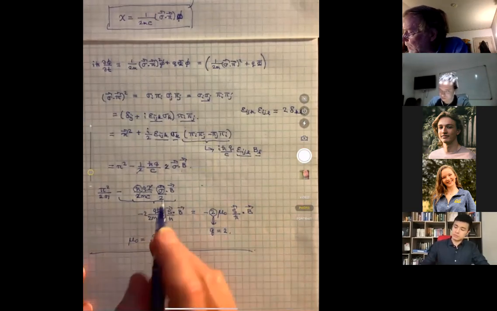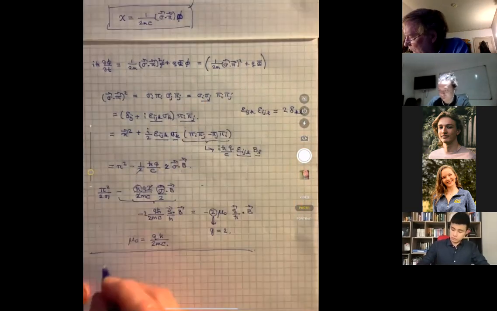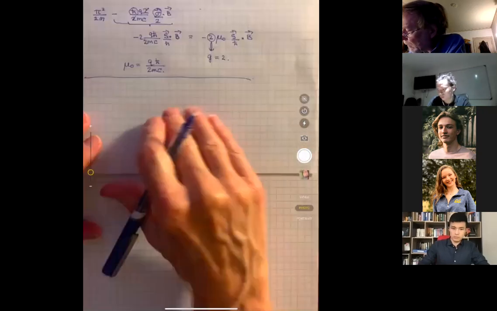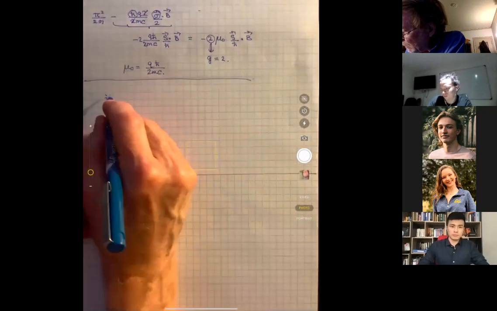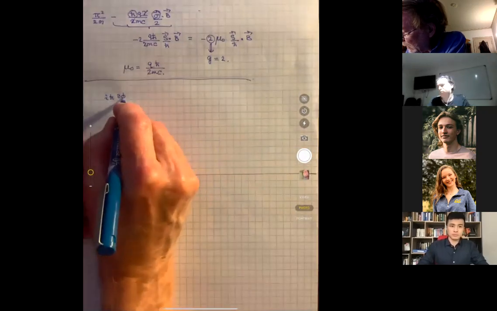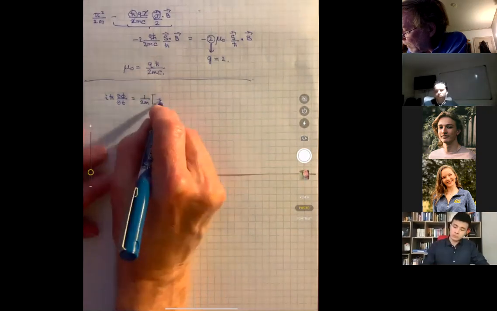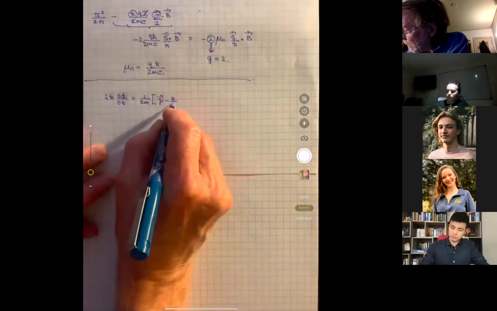So the net effect of this is that we achieve an equation which is the Pauli equation. It's i h bar partial phi with respect to t is equal to 1 over 2m, pi squared, which is the same thing as p minus q over c A, squared.